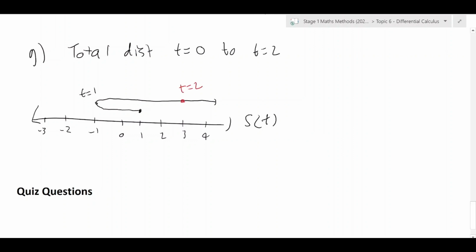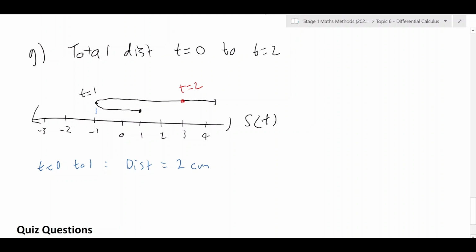Now, I might color code these. T equals 0 to 1, the distance is 2 centimeters because it's sort of that range in there. T equals 1 to 2, the distance is 4 centimeters because it's sort of this range in here.